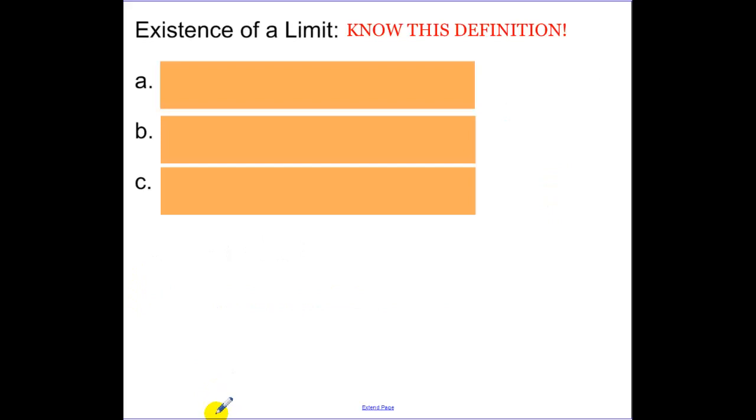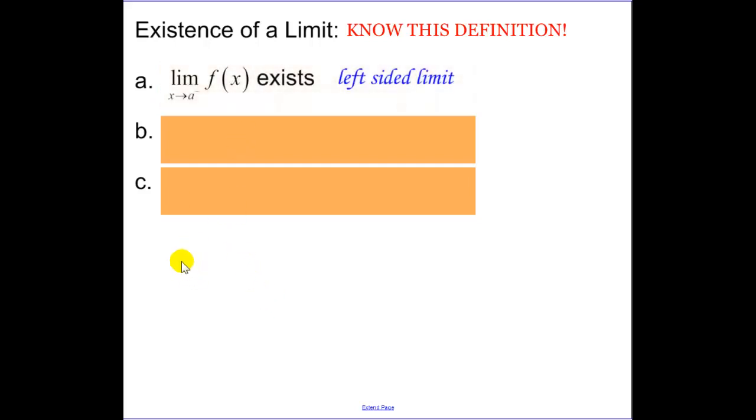Okay, in existence of a limit, there is a key definition that you need to realize. The left-sided limit has to exist. So the limit is you're approaching some function from numbers a little bit less. And how you can tell it's numbers a little bit less is that little negative sign in the exponent.